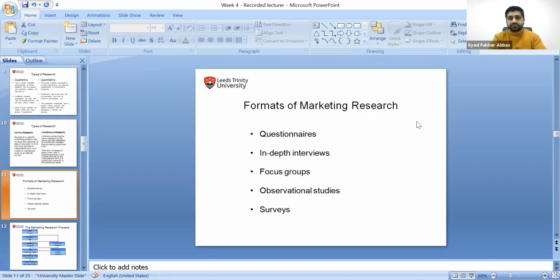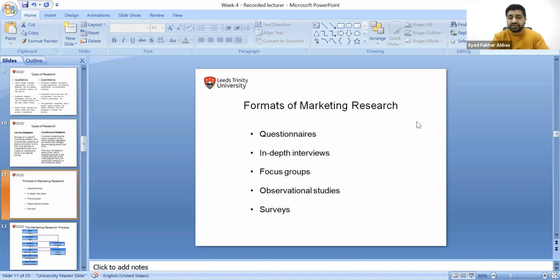Observational studies. This is another marketing research technique. Observational studies describe the behavior of the subject of study. It is basically a way of collecting information and data by observation.